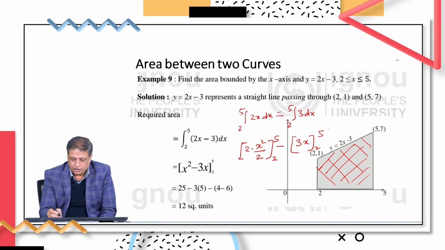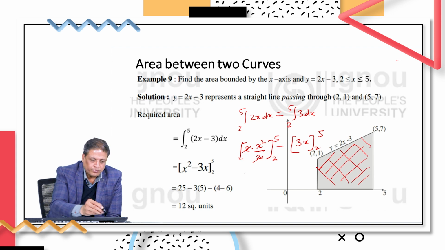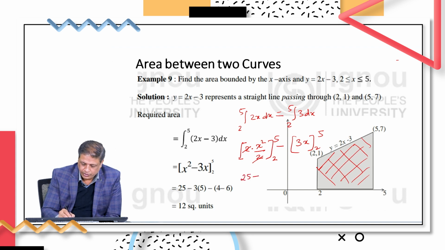So this will cancel out, and you will get the overall expression x square evaluated in the interval. So 5 square is 25, minus 4, minus 15 minus 6.